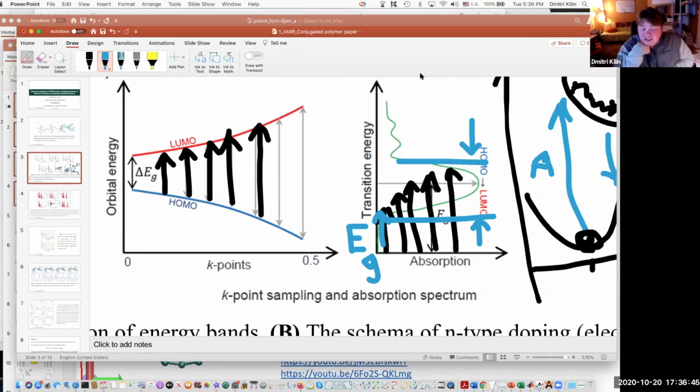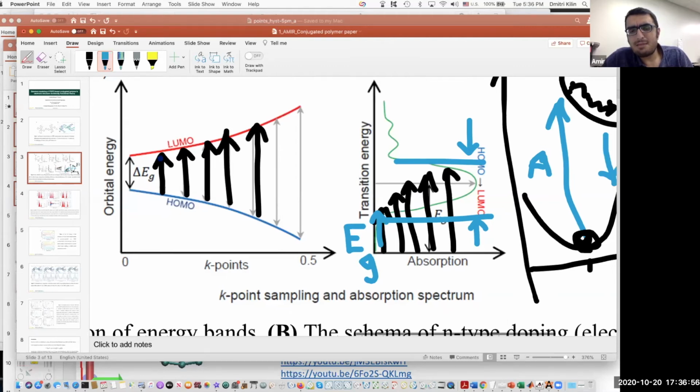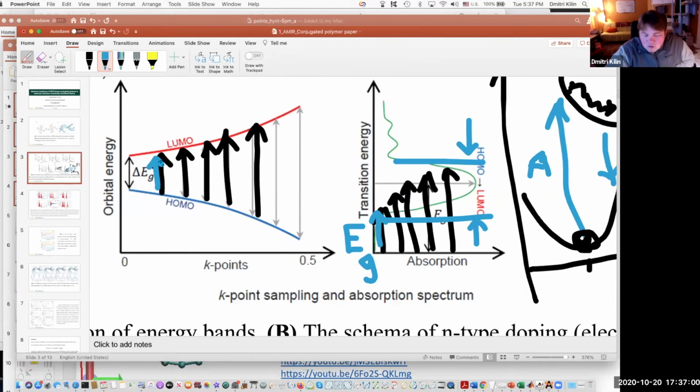And no, it is direct. Sorry, a direct band gap is observed. So this band gap should be equivalent to the peak of the transition energy, shouldn't it? No, no, it is the lowest energy at which the system is absorbing.